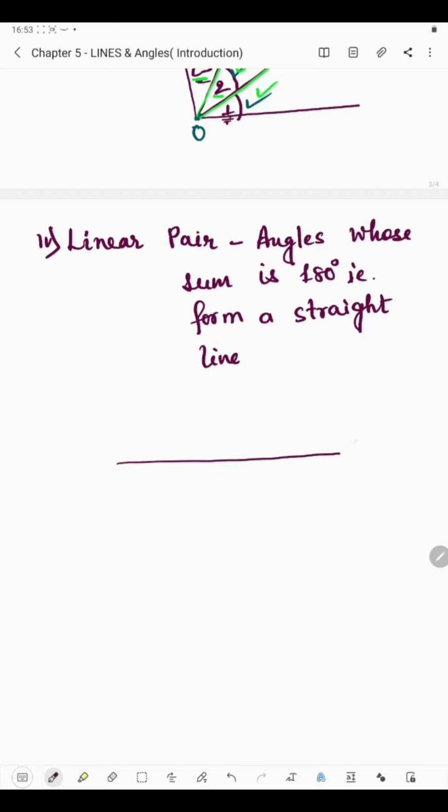Now suppose here is 0 degree, and it makes here say 60 degree, and here say this is 120 degree. So the sum of these angles makes 180 degree and it forms a straight line. So these two angles are a linear pair. Okay. So any two angles which make 180 degree are called a linear pair.